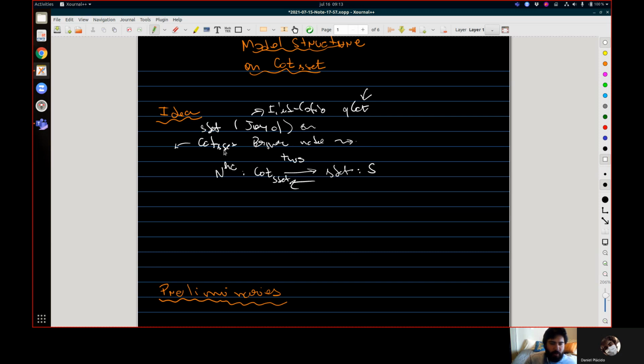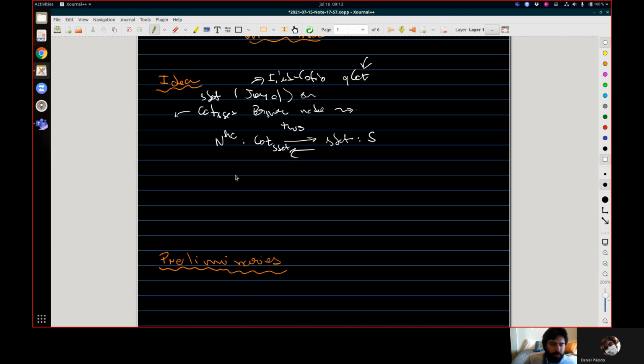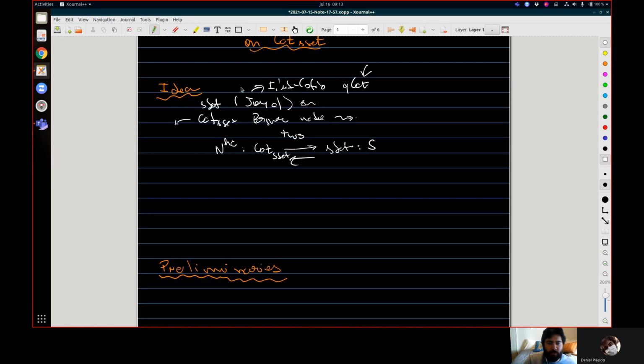So at least we have some form of comparison between these two models. Today I'll only define the model structure on Cat_Sset and won't show this equivalence.